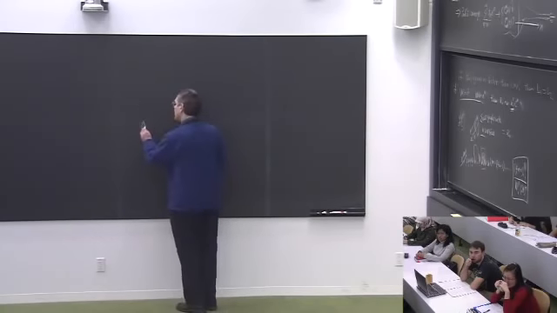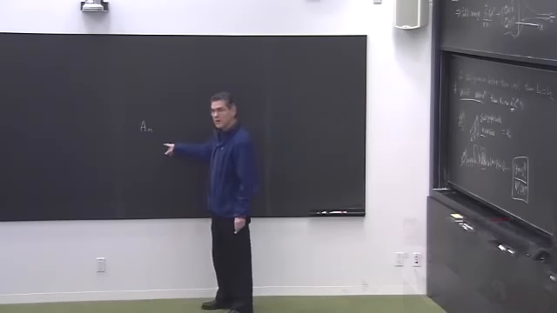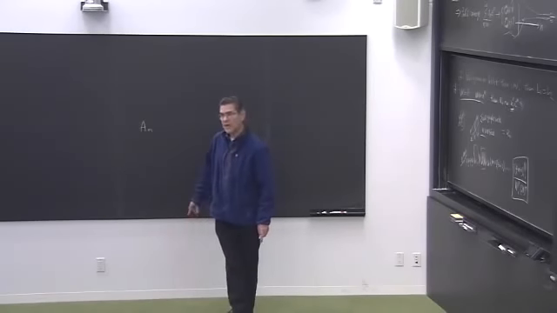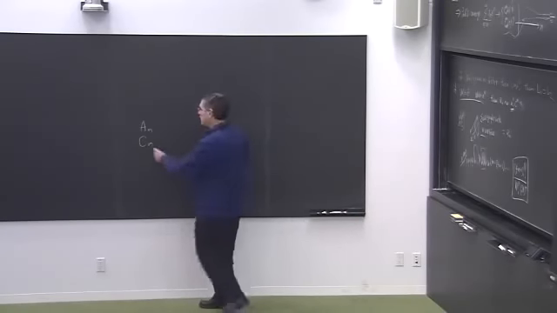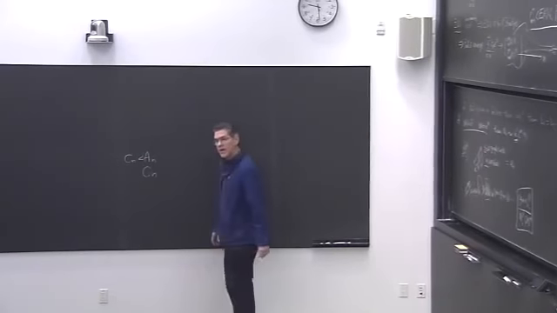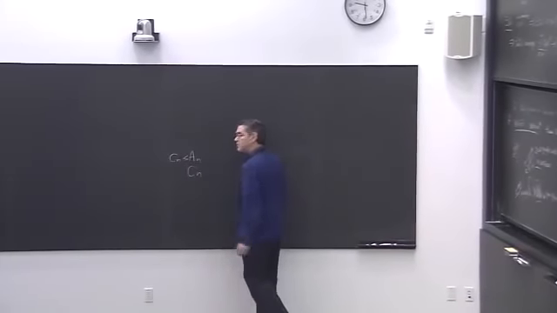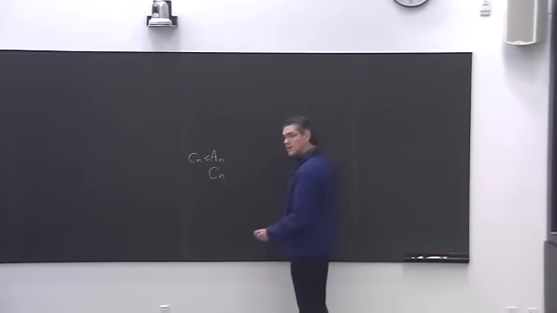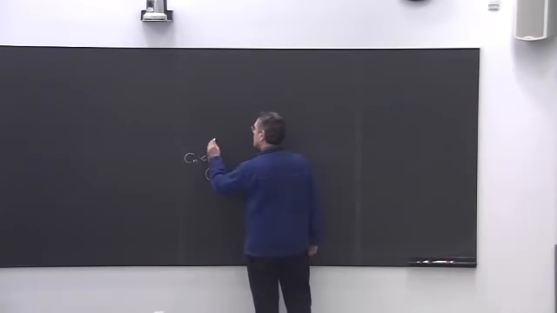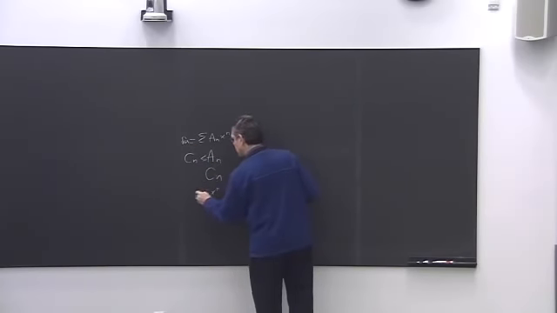Okay, so if a sub n is the exact number of all graphs having n vertices, and c sub n is the number of connected graphs, then c sub n, of course, is smaller than a sub n. If you write down the generating function, a sub n x to the n, call that f of x, and c sub n x to the n, call that g of x.